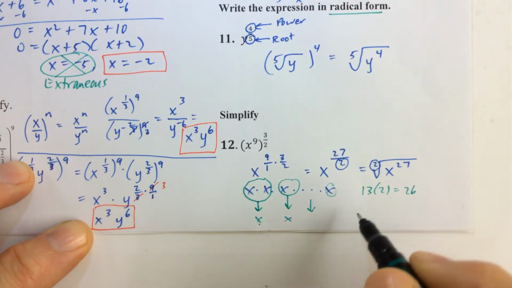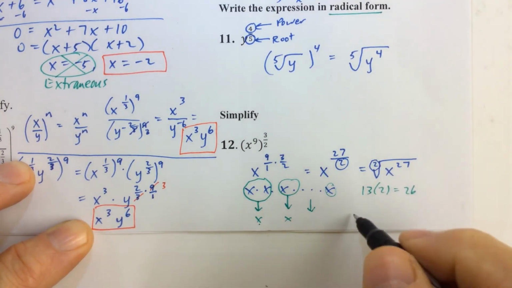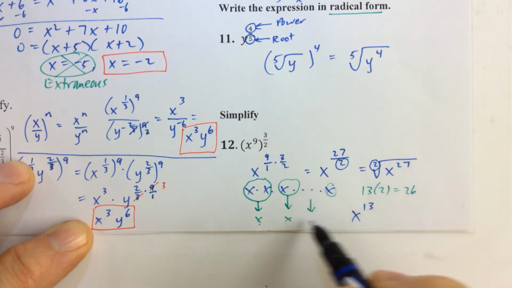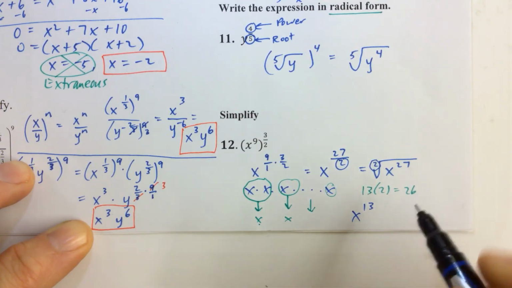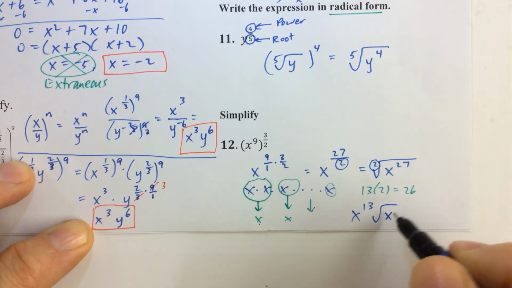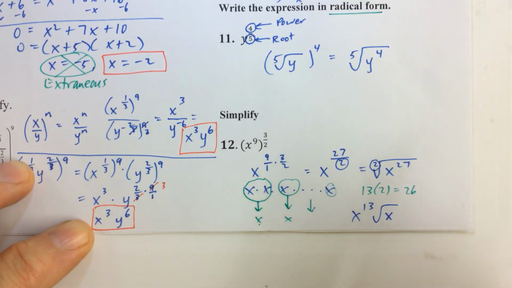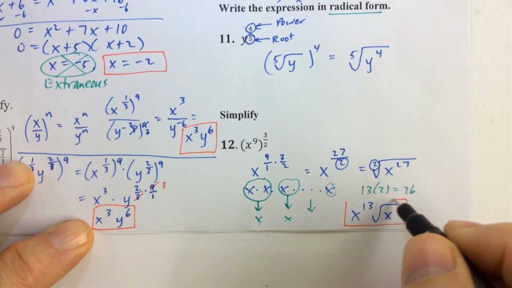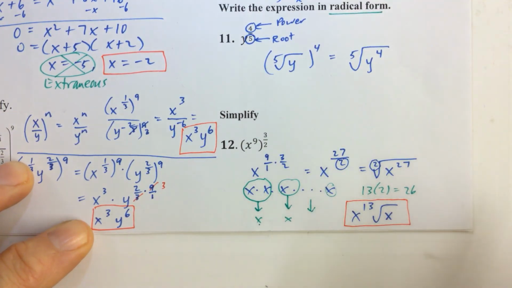So we take out x to the 13th, and then we have one more x, which would stay under the square root. So that is the simplified version of x to the 9th to the 3/2. It's x to the 13th multiplied by radical x. That's how you do that.